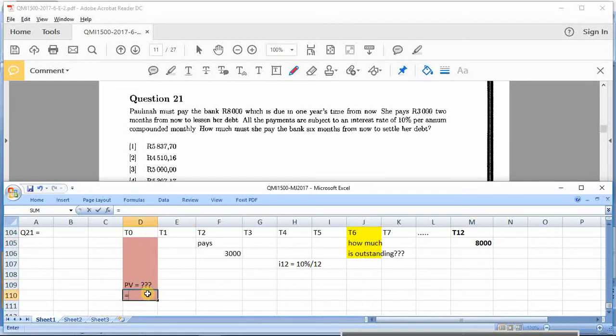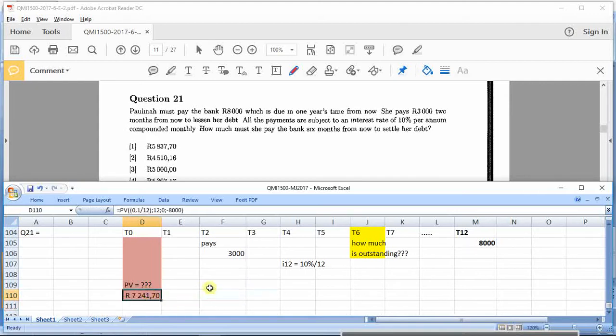So I'm just going to do the working here. PV brackets, the rate is 0.10 divided by 12. The number of periods is 12 months. Payment, nothing. Future value, 8,000. So she owes that amount. That's how much she owes now.